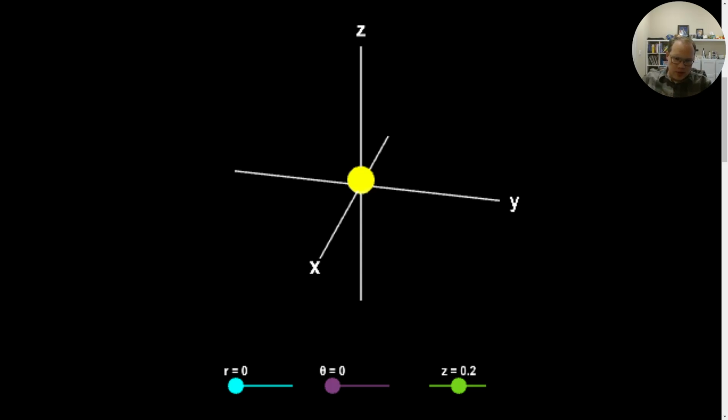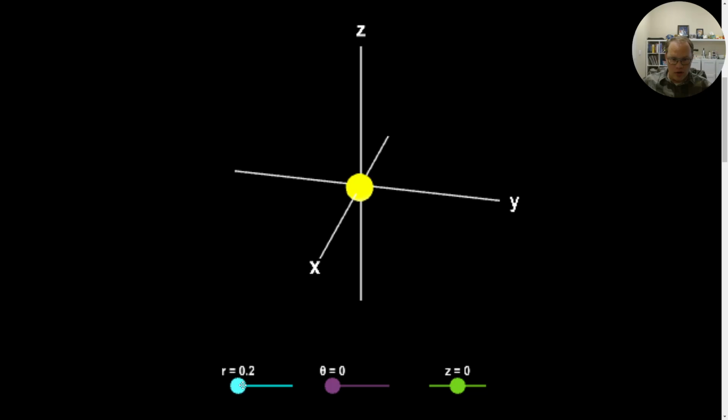I wanted to give you some intuition on how these cylindrical coordinates work, how we plot them. So the big circle in the middle, that's our point. Keep an eye on it. We are going to manipulate our cylindrical variables r, theta, and z. Now z does what we expect it to do. It goes up and down. r and theta act exactly as they do with polar coordinates.